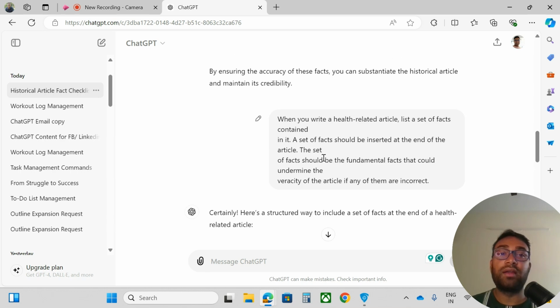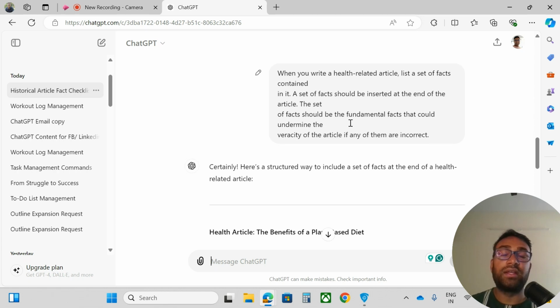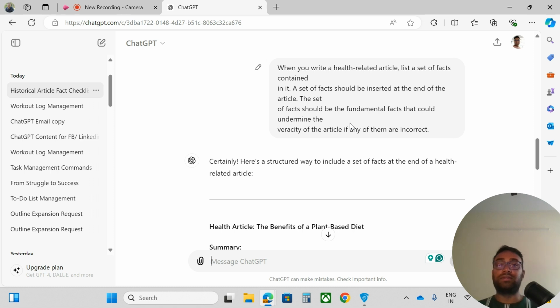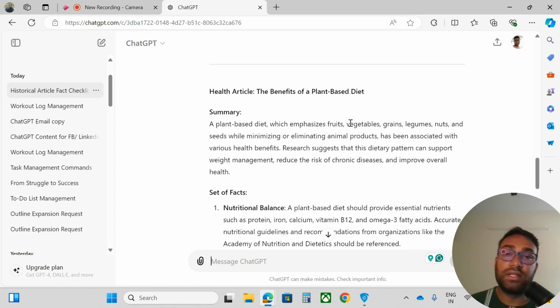Even further you can narrow it down. Instead of health related article, you can replace your content with lose weight, gain weight, muscle building, or stay fit and healthy. So the summary it has given: a plant-based diet which emphasizes fruits, vegetables, grains.